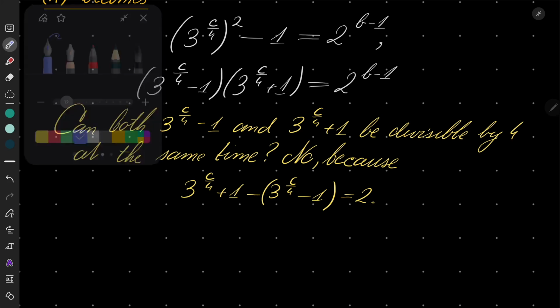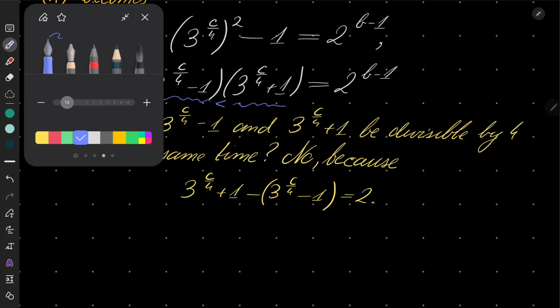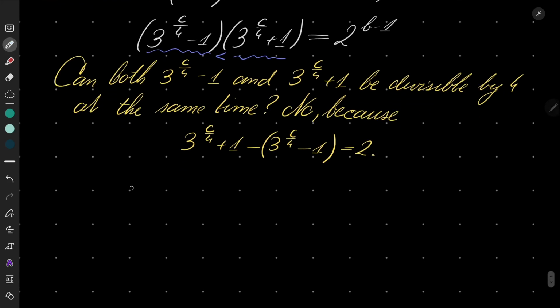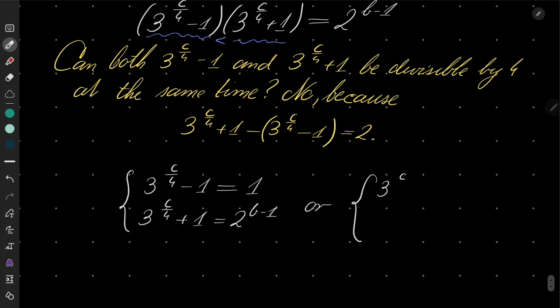Once again, take notice that this parenthesis is less than this parenthesis, so we have only the following 2 options. Either 3 to the power c over 4 minus 1 equals 1, and the second factor equals 2 to the power b minus 1, or the second possibility, the first factor is 2, and the second one is 2 to the power b minus 2.